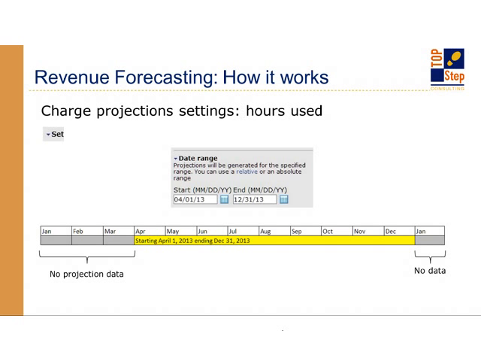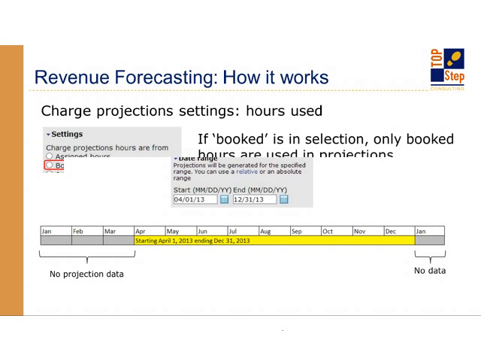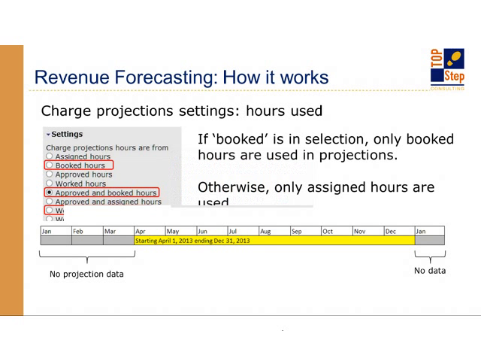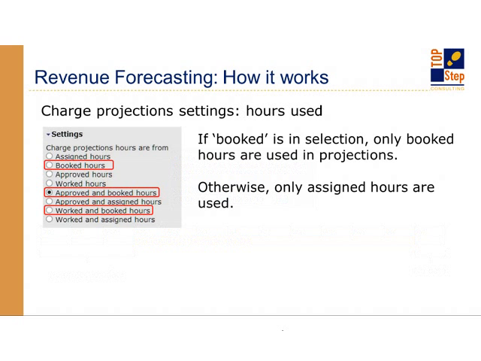The second variable is your charge projection settings, which hours you are using. Even though there are lots of radio button selections here, there's really only 2 options that matter. If the word booked is in one of these, then it's going to use booked hours in projections. If the word booked is not in the selection, it will use assigned hours.